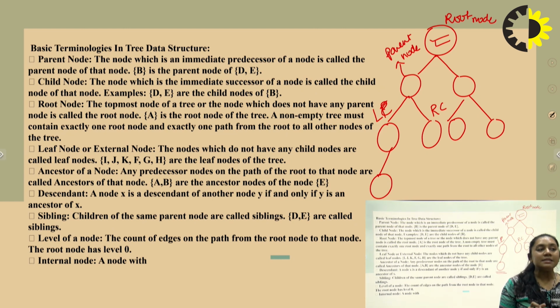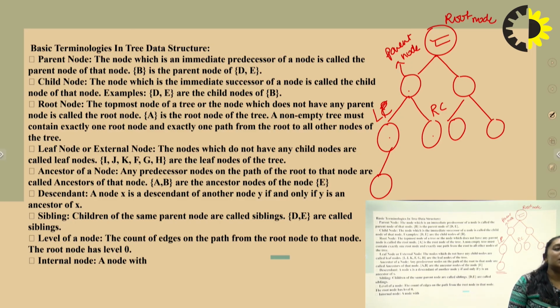Next we have the descendant. For example, if there is another node Y, then Y is a descendant of X, and X is an ancestor of Y. Suppose you have A and B nodes, then B is a successor of A. Next we have siblings: children of the same parent node are called siblings, so the left and right child of a parent are siblings.